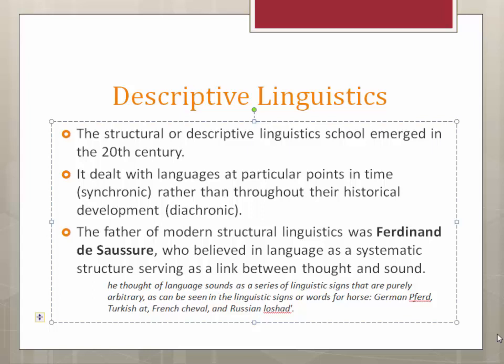Like in German, Turkish, French, and Russian, and many other languages, we have different signs, different sounds for signifying the same singular organism, which is horse. So the claim of Saussure is very much right here, that these signs or sounds are arbitrary and purely agreed upon by the community or by the people who are speaking that particular language.